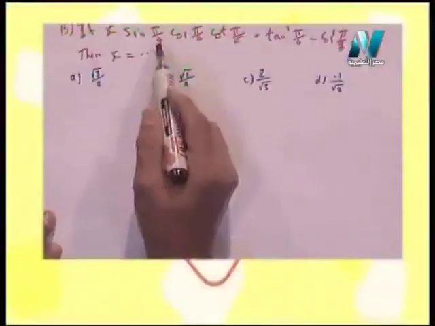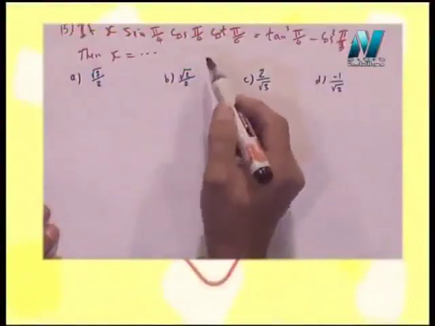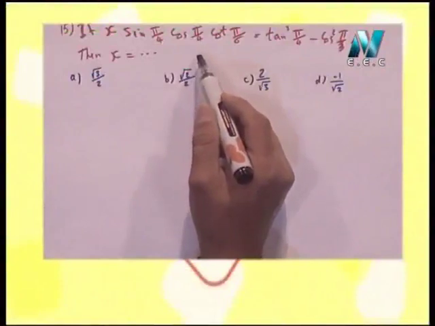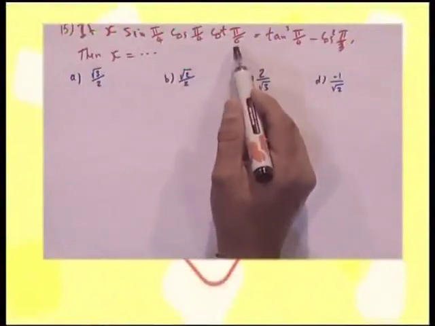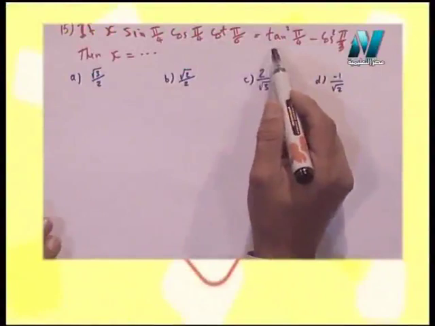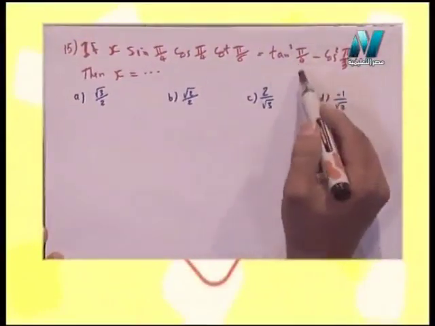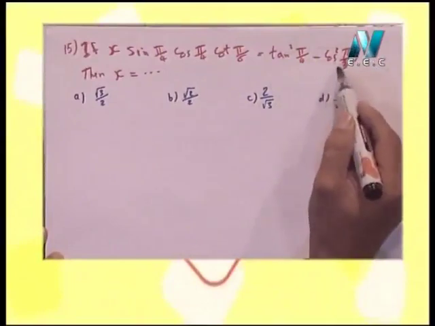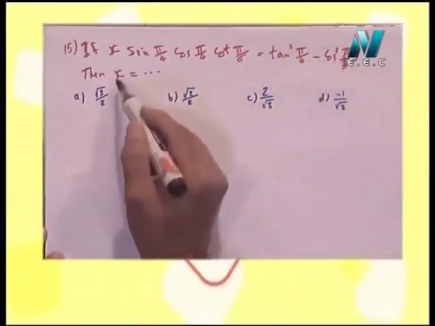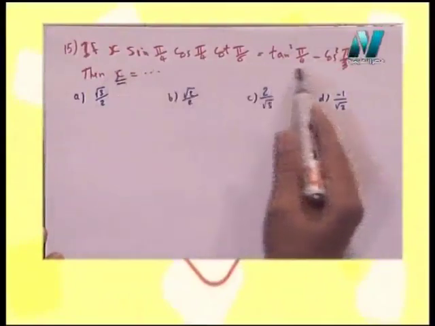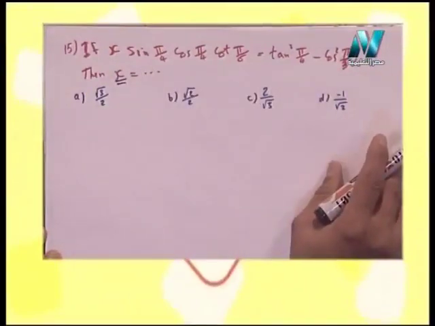If x sine pi over 4 cosine pi over 4 cotan pi over 6 equals tan power 2 pi over 4 minus cosine power 2 pi over 3, then x equals what? It's an equation, but it is a trig equation.